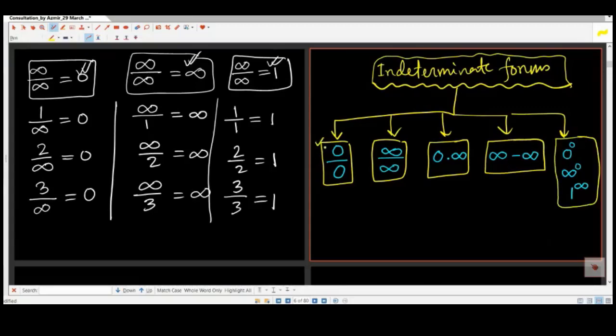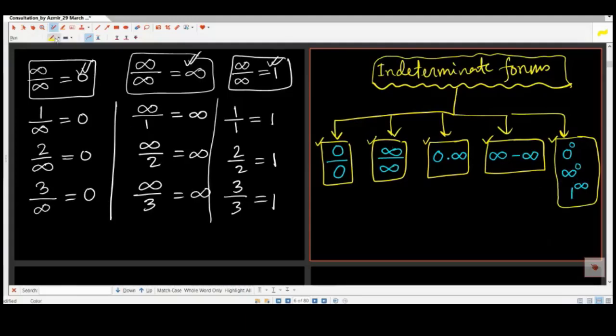This is the indeterminate form of type 0 over 0. This is of type infinity over infinity. This is of type 0 times infinity. This is of type infinity minus infinity. This is another indeterminate form of type 0 to the 0, infinity to the 0, 1 to the infinity.